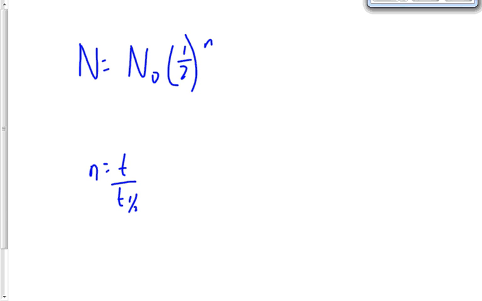Math 30 people, what does big N mean? The first variable. Yeah, it's the initial amount, the amount that we start with. Can't spell amount.